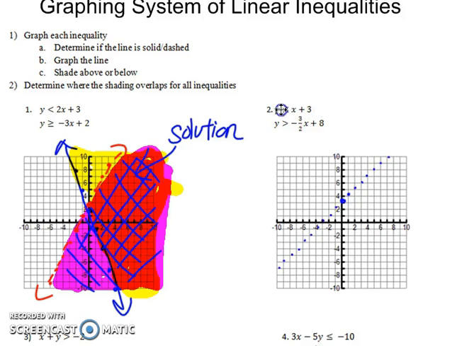Now it needs to be solid, so let me fill in that line. Okay, so now let me graph this other line by going to a positive 8 and down 3 over 2. Oh, I forgot to shade. Okay. With this blue line, I need to go less than, so I need to shade everything below here. So let's maybe shade this way.